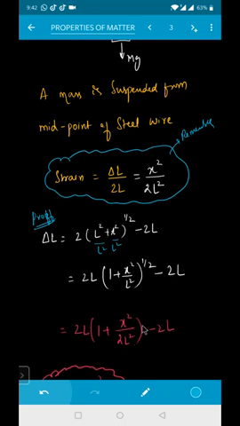L is also very small right now. This is 2 into L, 1 plus x square by L square to the power of 1 by 2 minus 2 into L.